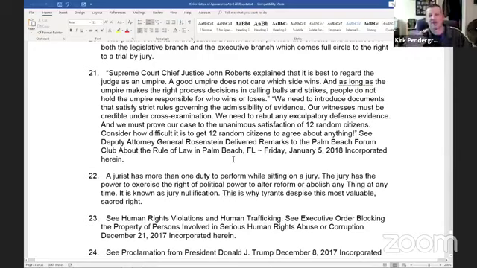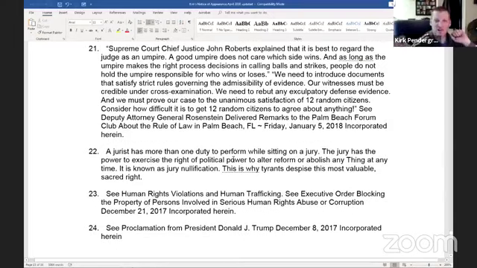Here we go. This is something I stole from Supreme Court Chief Justice John Roberts, who explained that it is best to regard the judge as an umpire. A good umpire does not care which side wins. And as long as the umpire makes the right process decisions in calling balls and strikes, people do not hold the umpire responsible for who wins or loses.